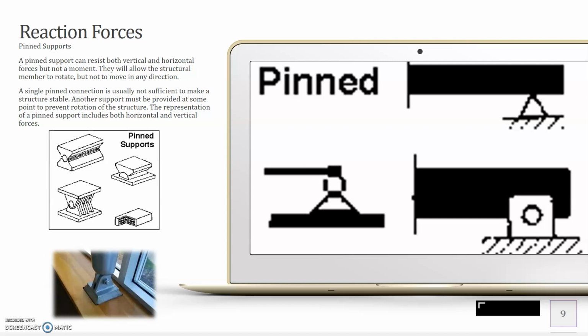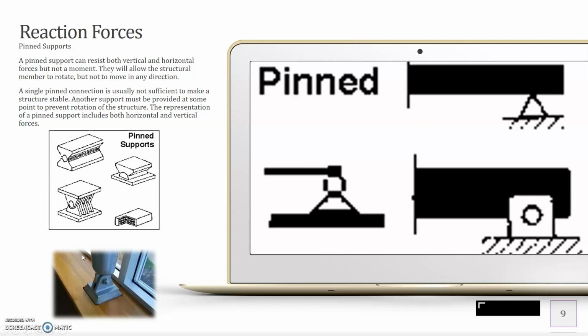Now, pin supports can resist both vertical and horizontal forces, but not rotational. They will allow it to move rotationally, but not in a lateral motion. So you can see here is a pin, and it will resist going forwards or backwards, left to right, or up and down, but it can cause it to bend if needed.